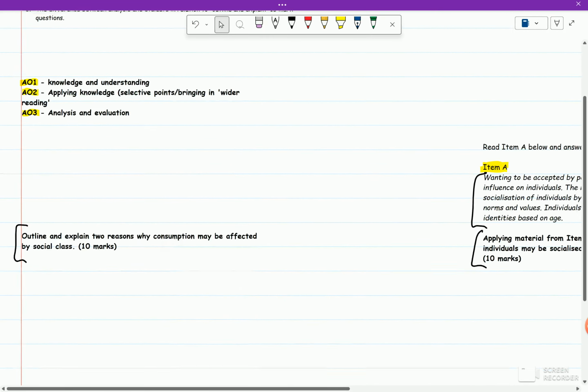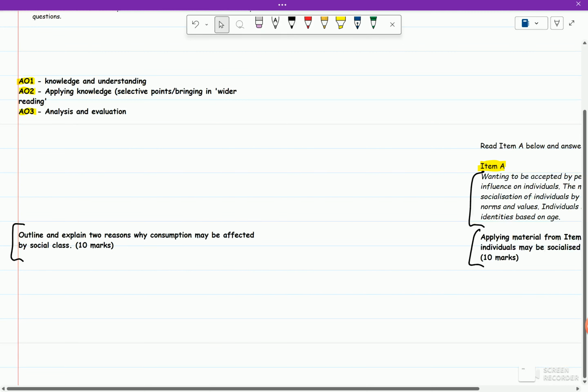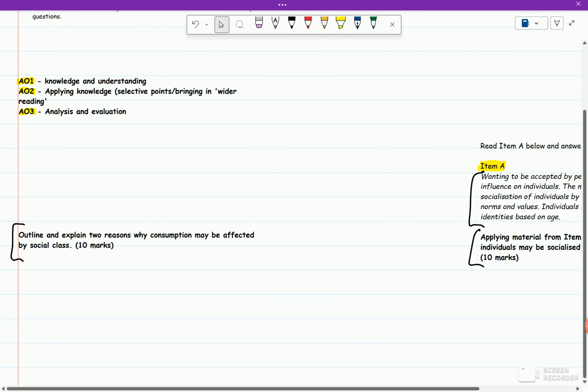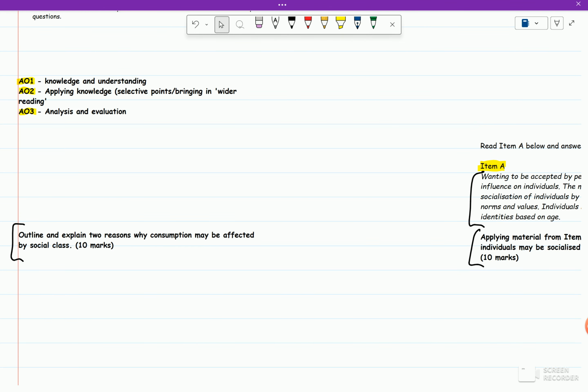So, why am I bothering to show you the 2 different types of 10 marks? It's because the way that you answer them, what's important and what's not important for each one, can vary quite a bit. And I think it's very easy to see 10 marks on an exam paper, 2 questions worth 10 marks each, and think, oh, it's just 2 questions of the same kind.